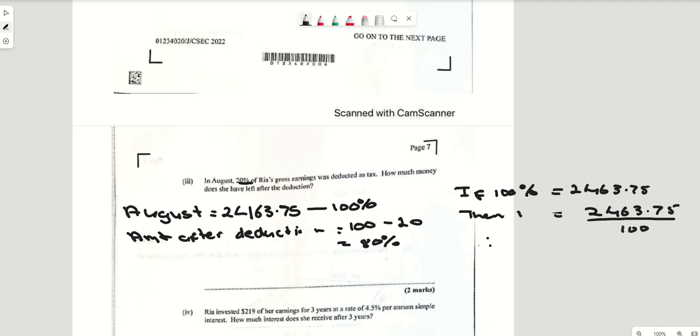And therefore, for 80%, it would be $2,463.75 divided by 100 multiplied by 80 over 1. And when you do this, you are going to get an answer of $1,971. That is how much you earn after the deduction.